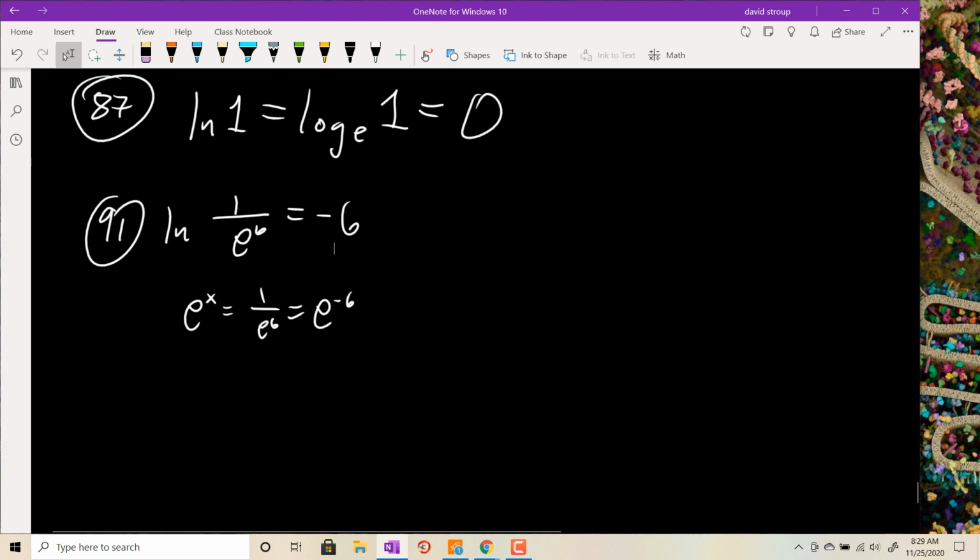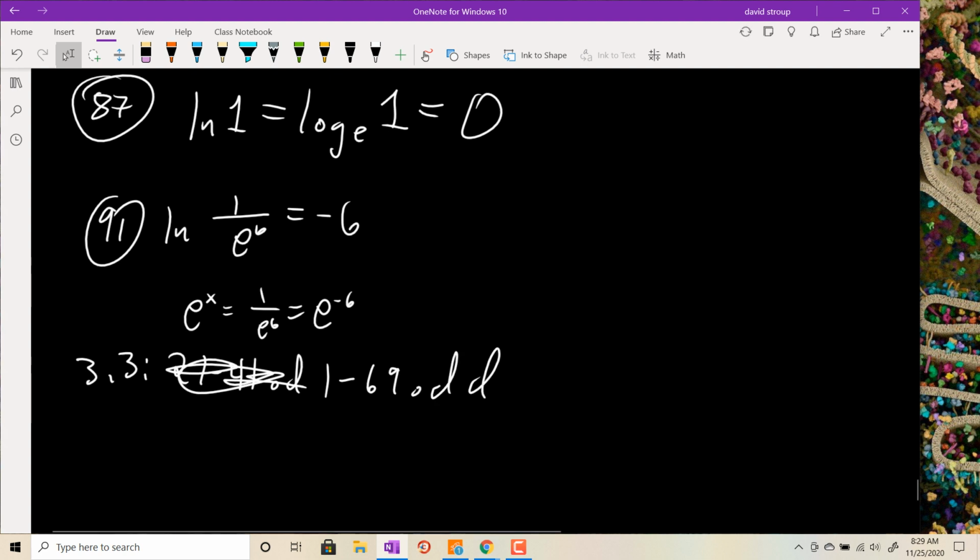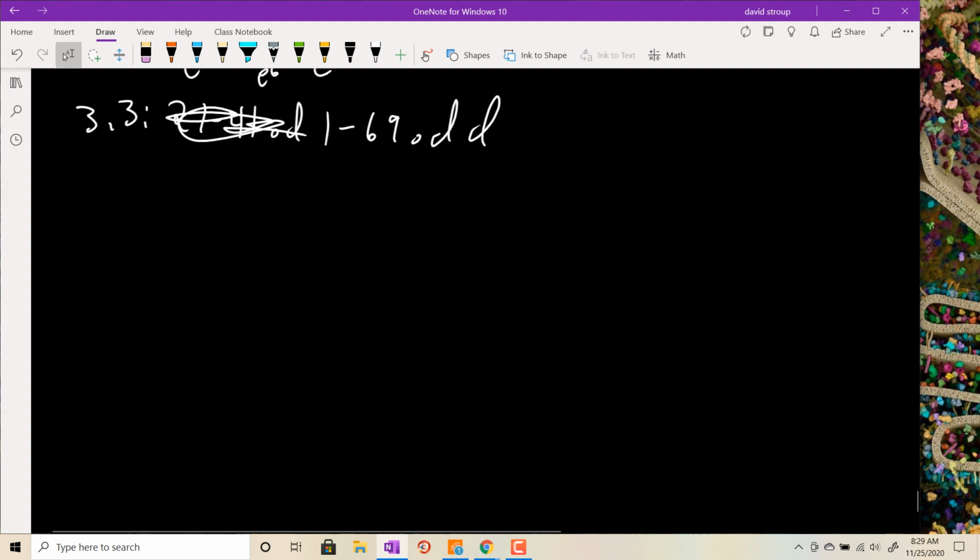Okay, so can you evaluate logarithms? That will be 3.2, then 3.3, we get into the properties of logarithms, looking at questions like 1 to 69 odd. And these are the types of problems where you're using the rules: if you had the log of m times n, that's the same as the log of m plus the log of n.